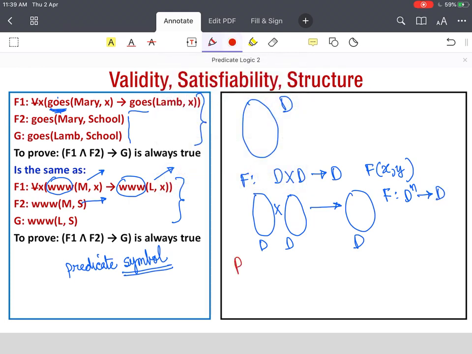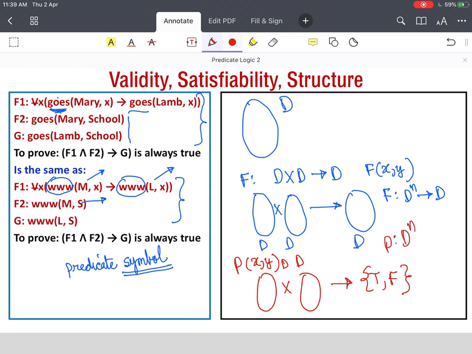Similarly, any predicate P which has two arguments, let us say x, y, is actually D cross D to either true or false. It will take two arguments from the domain D and give true or false. In general, a predicate P will be D to the power n to true or false.